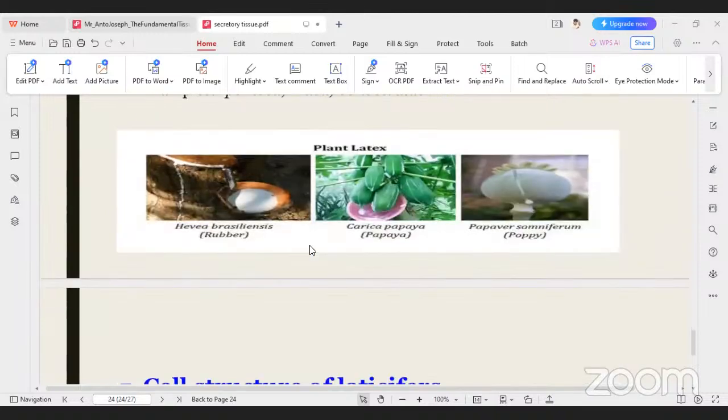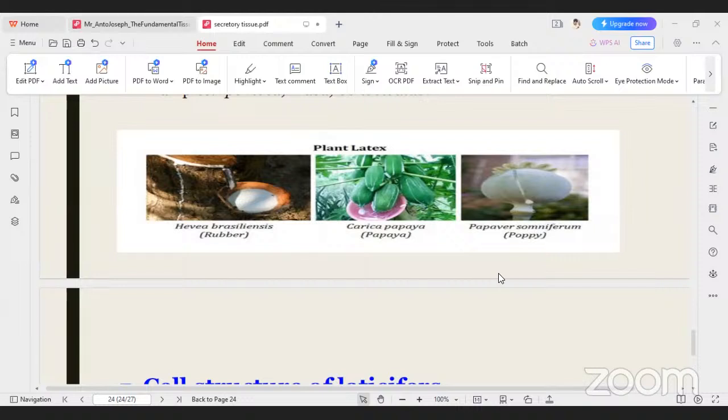So you can see Hevea brasiliensis, rubber formation, latex, a white milky structure. Papaya also releases latex. You can see Papaver somniferum. What is the importance of Papaver somniferum? From its latex, drugs are prepared.